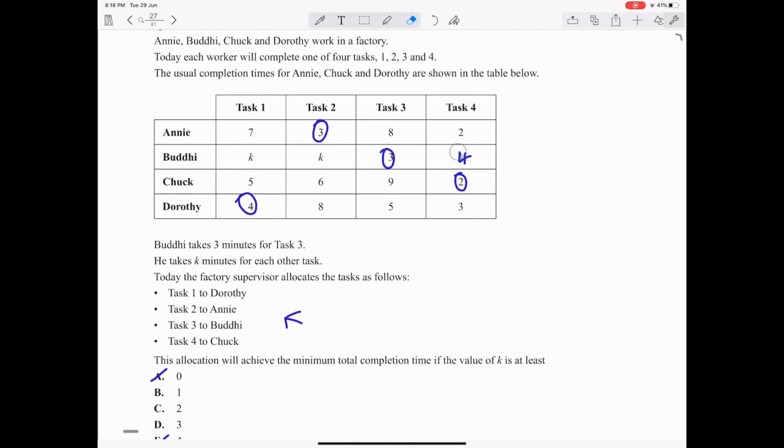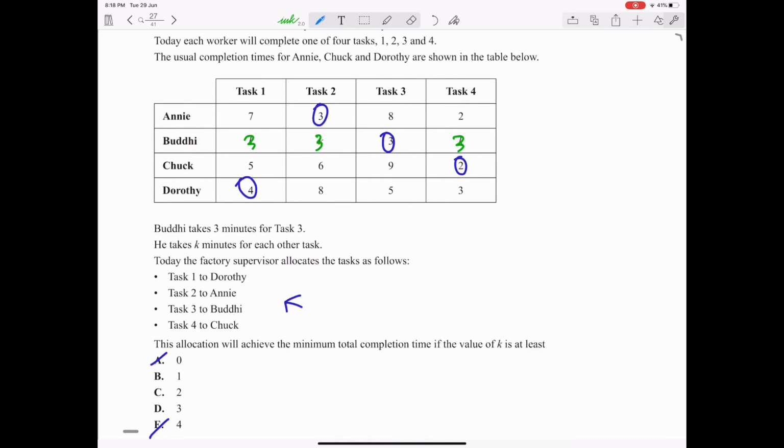Let's try 3 now. If we try 3, task 1 could potentially move to Buddhi, and task 2 would move, but it's not worth moving task 1 to Buddhi because task 4 would have to increase by a minimum of 3 minutes, because the next smallest time for task 2 is 6 minutes, so that's an increase of 3 minutes.